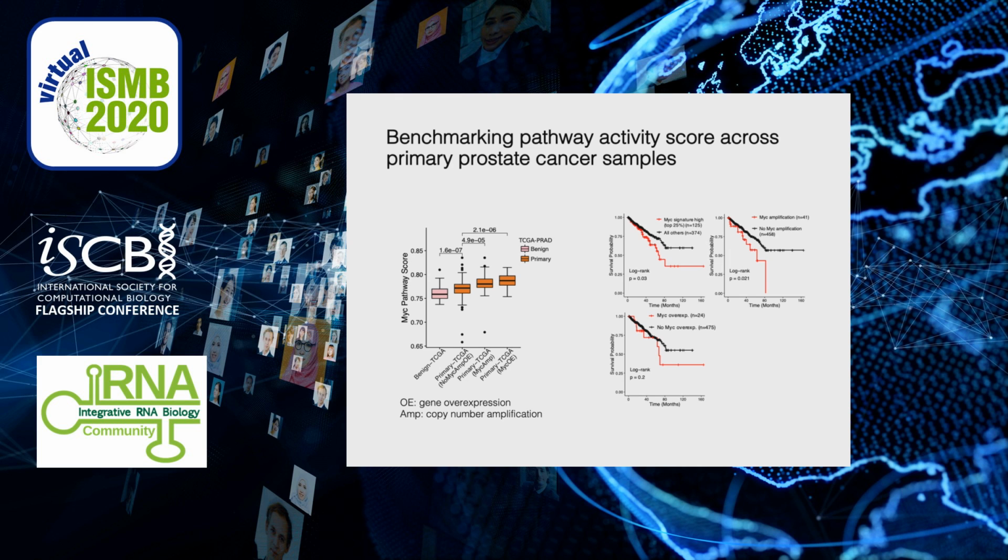As you can see from the box plot on the left, the MYC pathway score can identify samples with MYC activation, either through MYC genomic amplification or MYC gene overexpression. And we can distinguish those samples from samples without MYC activation, for example, the benign and the primary prostate cancer. And we can further stratify patients as we show on the right.